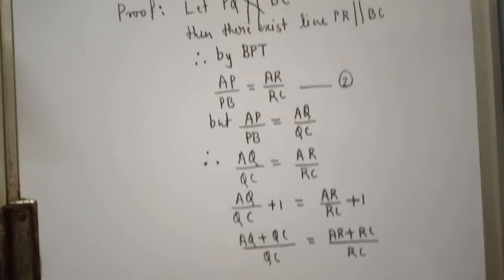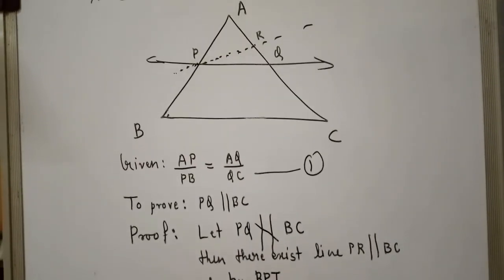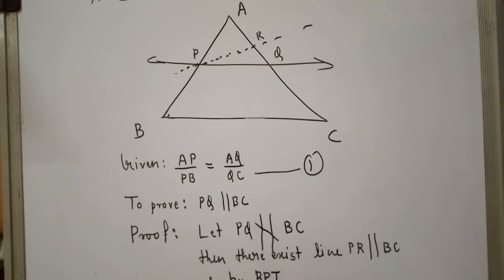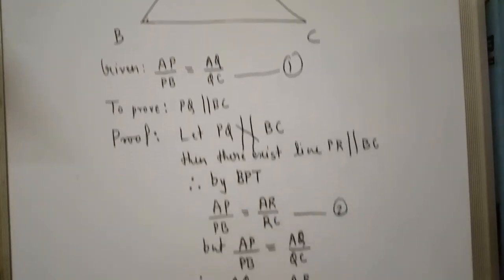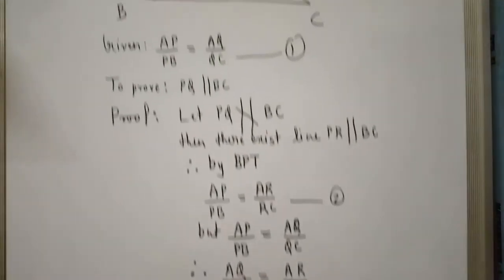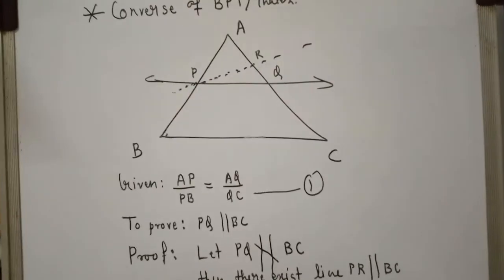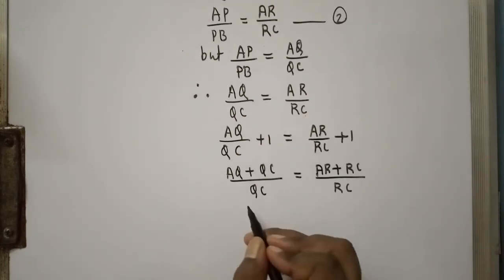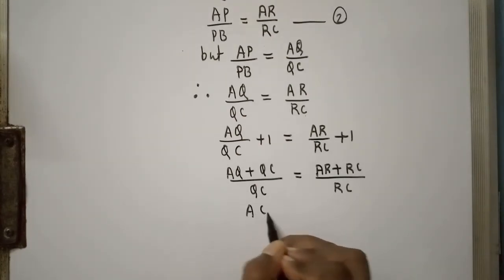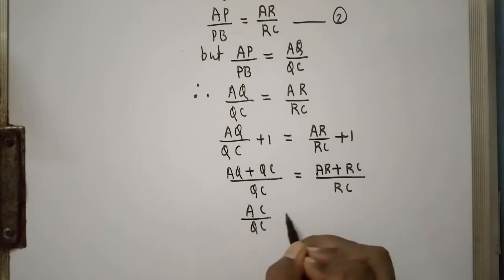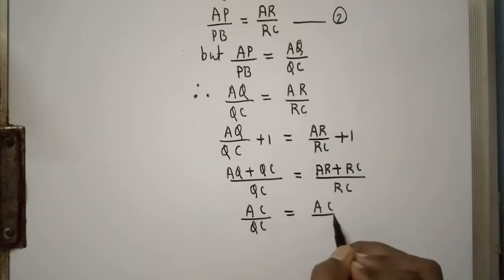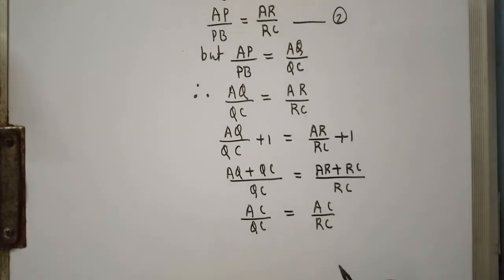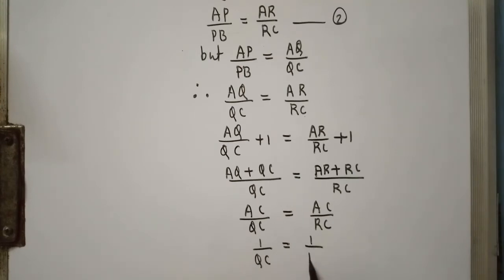Looking at the figure, AQ plus QC is nothing but AC, and AR plus RC is again AC. So this becomes AC by QC equals AC by RC. AC cancels on both sides, so we get 1 upon QC equals 1 upon RC.